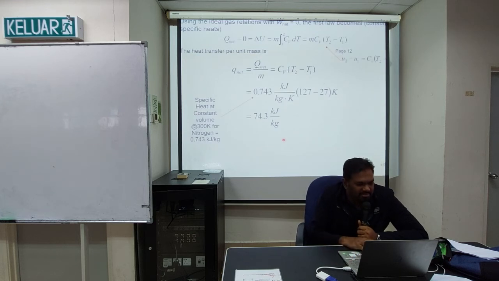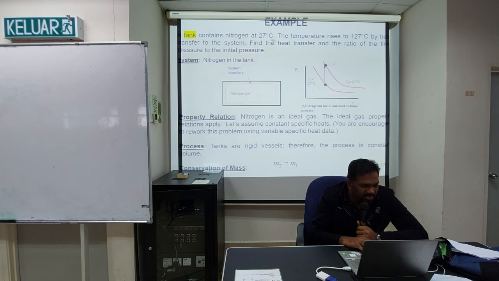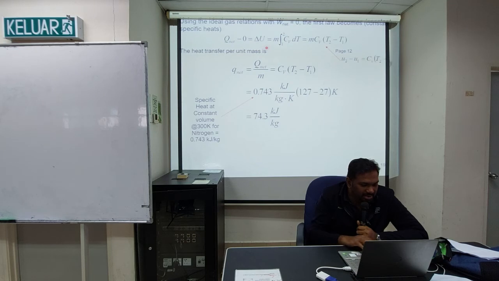Okay, so you substitute into the formula on page 12, you can refer back to page 12. So U2 minus U1 equals CV times (T2 minus T1). You substitute into this. For Q net, the question does not give the volume or the mass, so you just divide by the mass. Since the mass is not given, you just find the energy transfer per unit mass: Q net per M. So M and M cancel, and you finally get CV times (T2 minus T1).